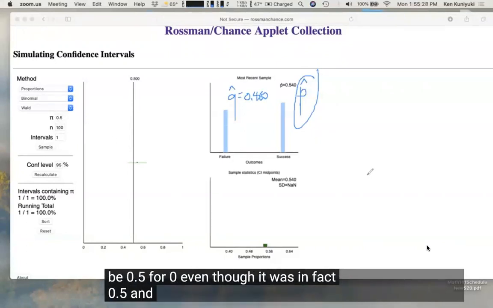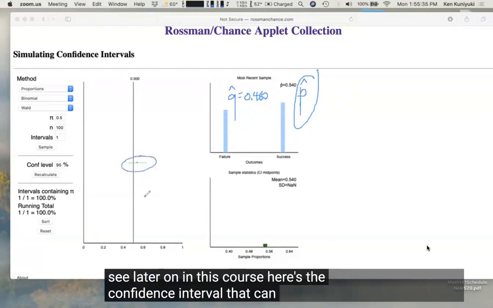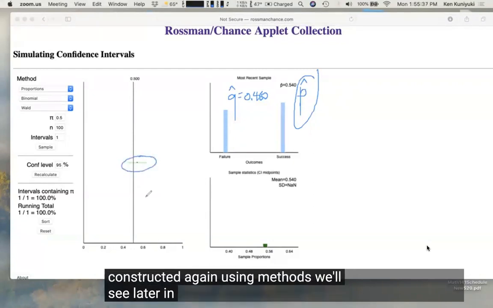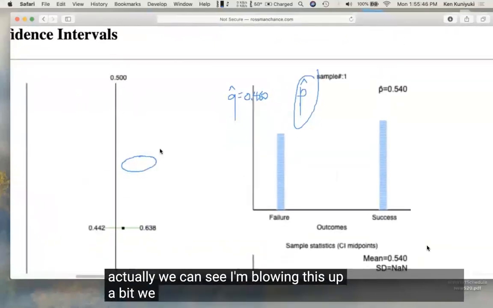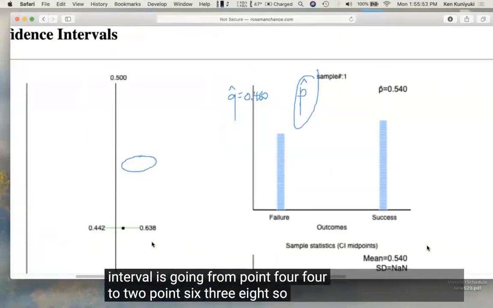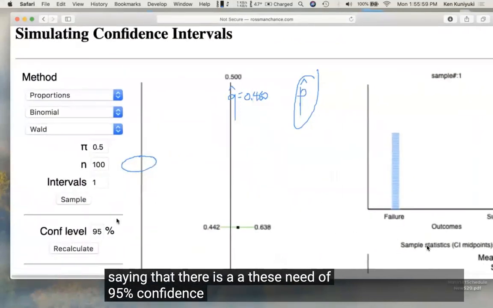And then, using methods we'll see later on in this course, here's the confidence interval that can be constructed. If I click on it, I'm blowing this up a bit, we can see that this confidence interval goes from 0.442 to 0.638. These are 95% confidence intervals, by the way.